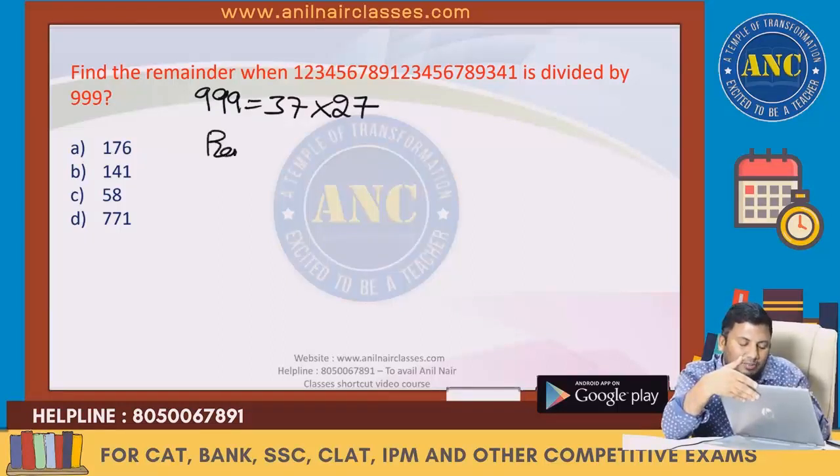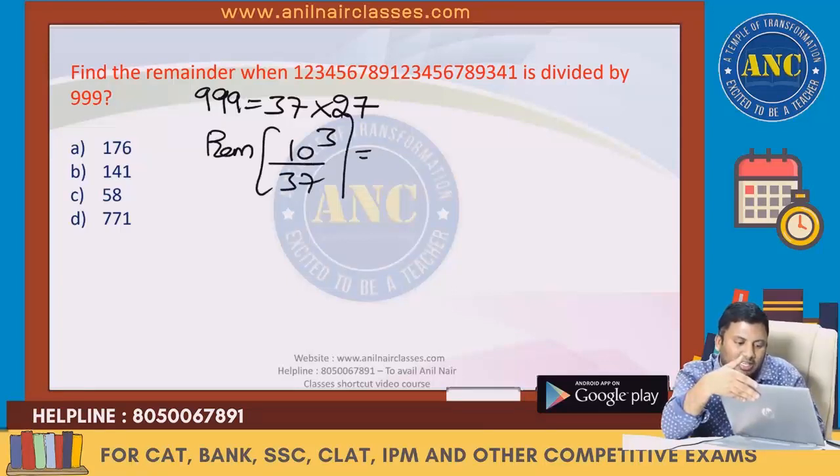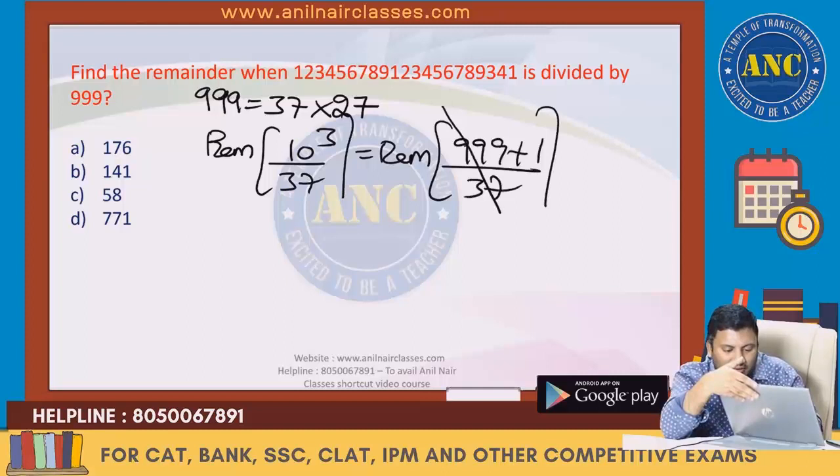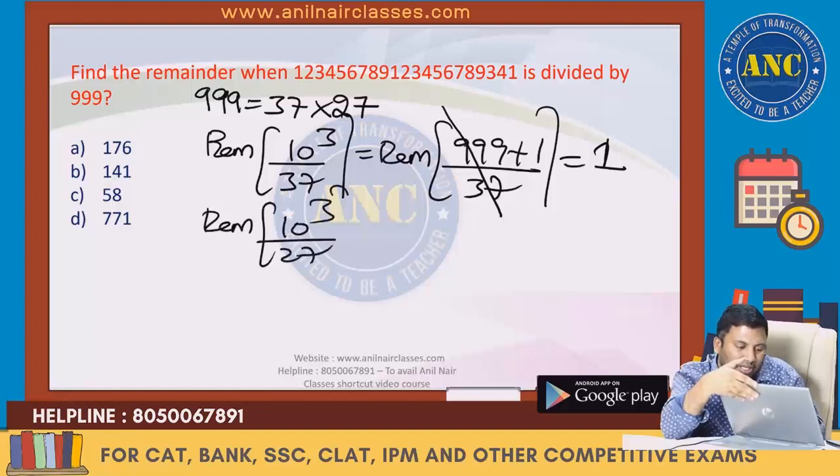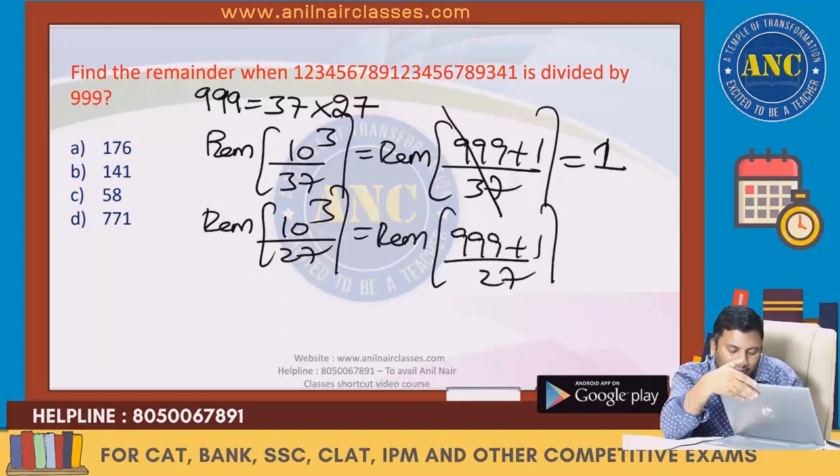What is the divisibility rule of 37 or 27? 10 cube by 37. 1000 is 999 plus 1 divided by 37. This is divisible. Answer is 1. 10 cube divided by 27. 1000 is 999 plus 1 divided by 27. Again the remainder is 1.